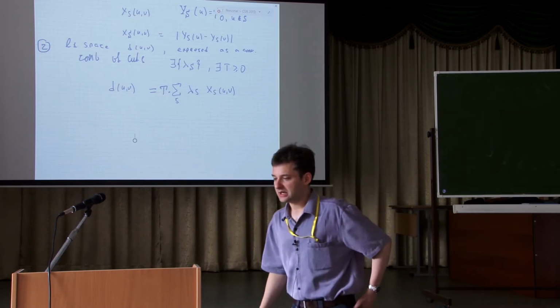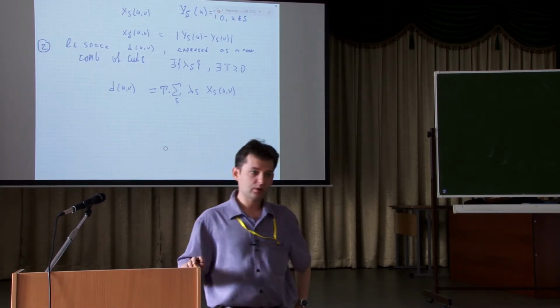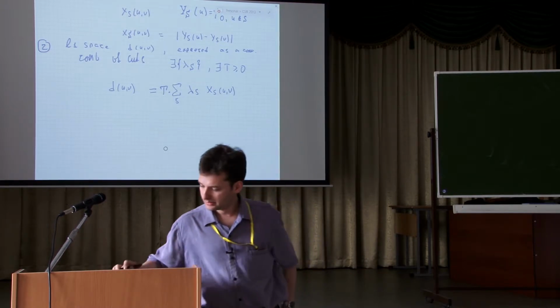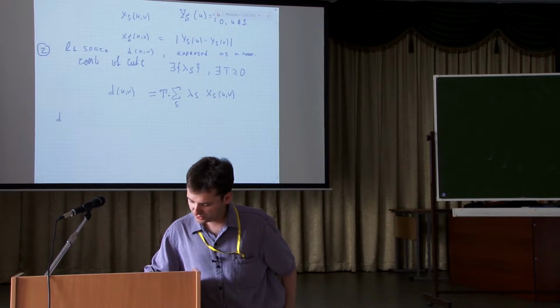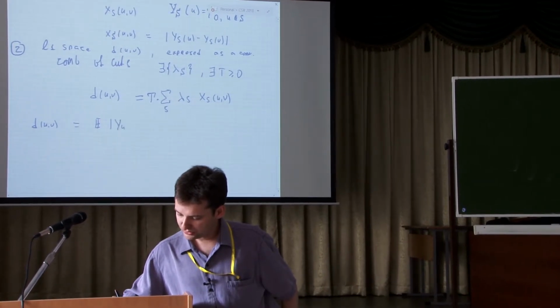OK, so let's prove it. Let's look at DUV. We know that DUV is equal to the expectation of y sub u minus y sub v.